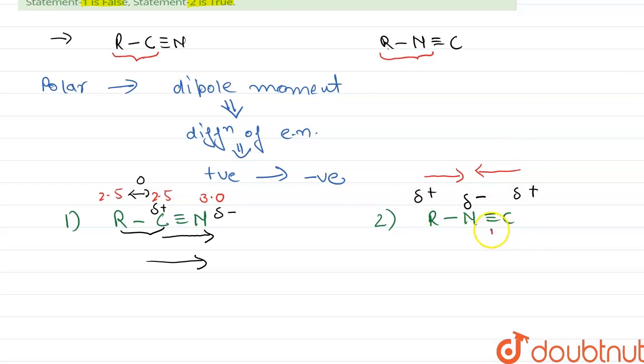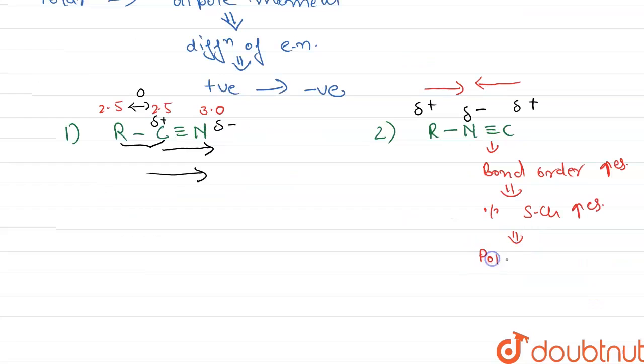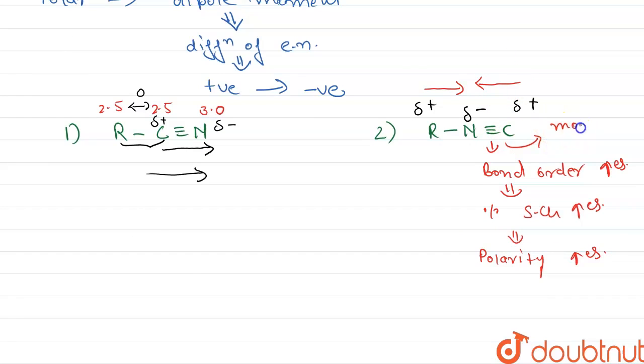Now here in the N-C bond, the bond order is greater because there is a triple bond between nitrogen and carbon, so the bond order increases. If the bond order increases, then the percentage s character increases and hence polarity increases. Thus from here we can say that the carbon-nitrogen bond is more polar.